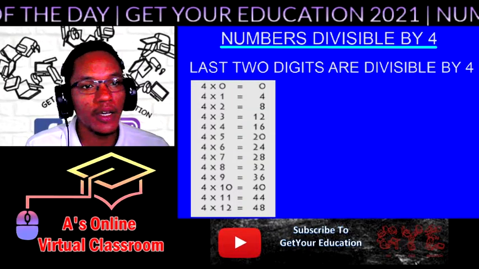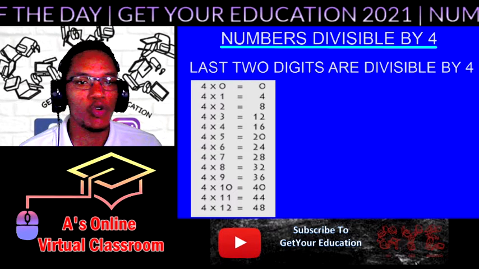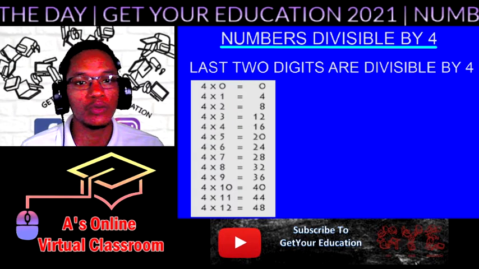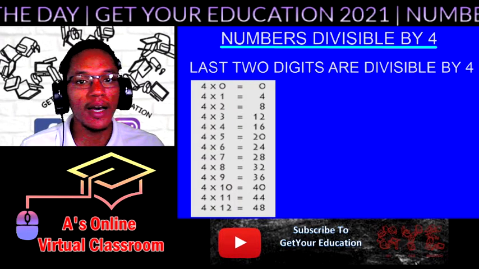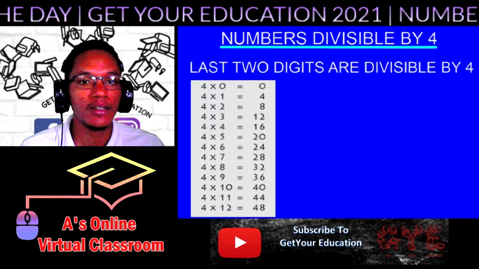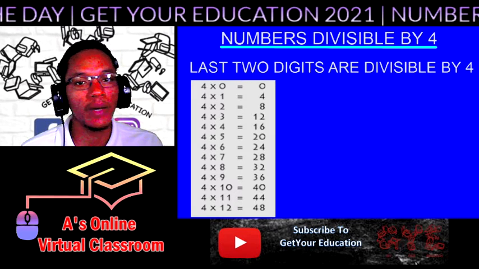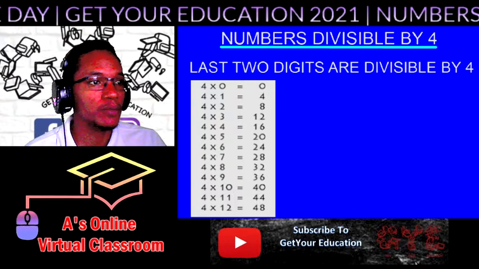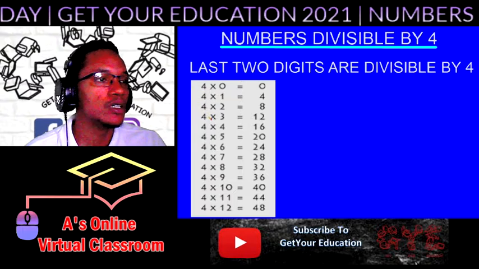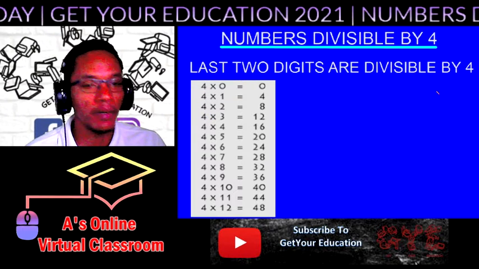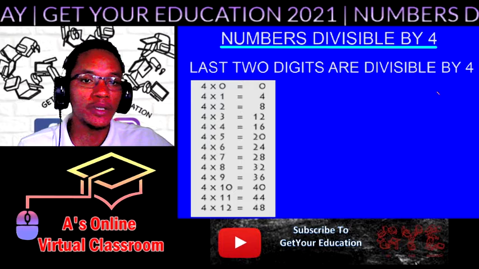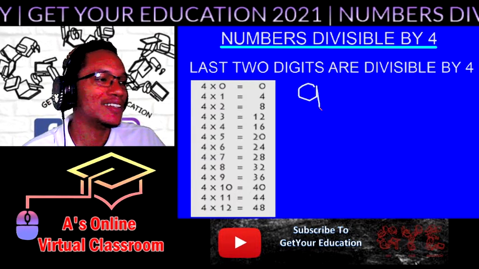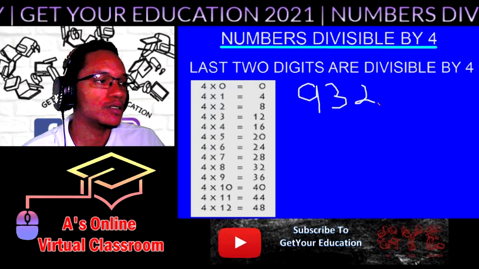So today we're looking at numbers divisible by 4, and there are two main tricks I can show you that will help you to determine if a number is divisible by 4, or could be divided by 4 without leaving a remainder. Let's look at some examples. If the last two digits are divisible by 4, this pertains to numbers like, for example, 9,328.